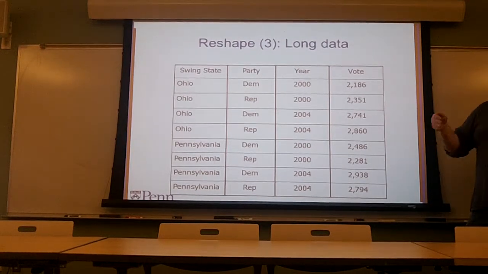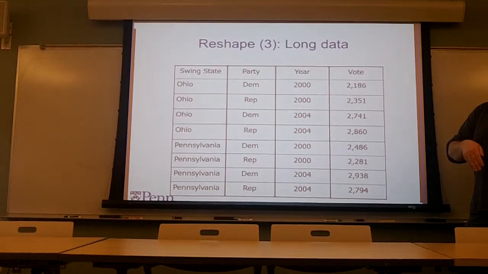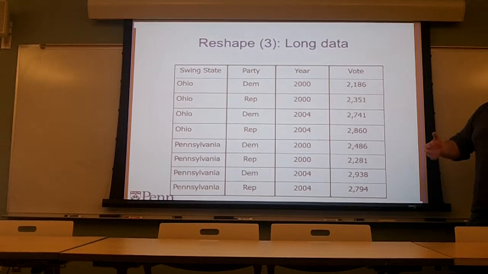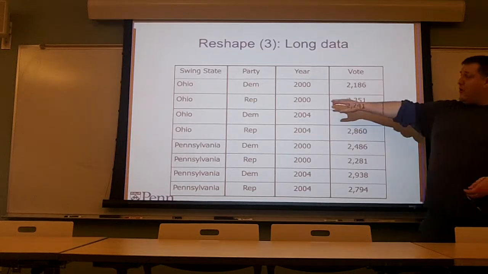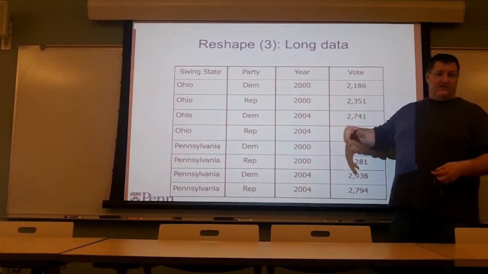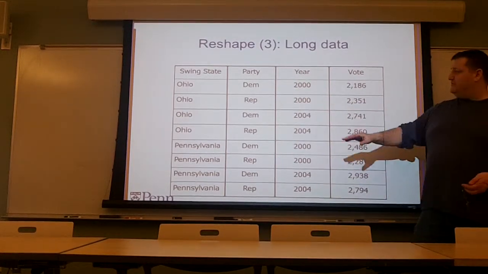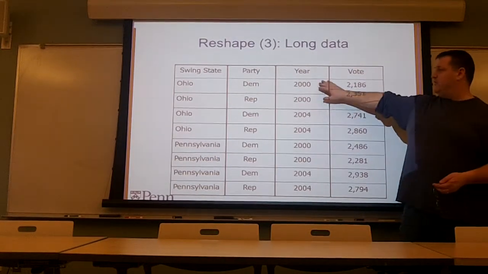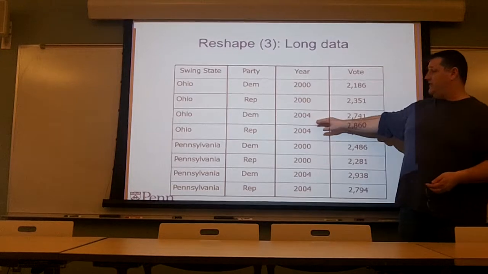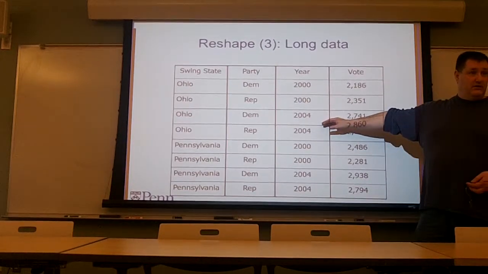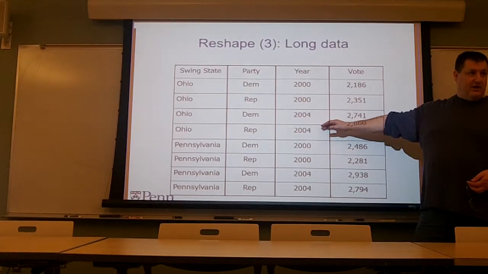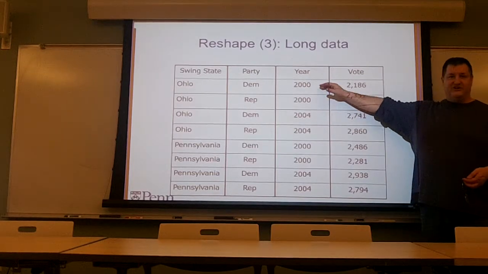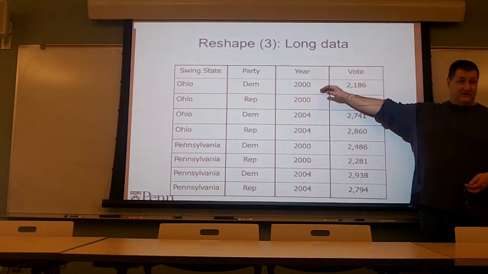So to tie this back in with regression, for example, the reason that we talk about long versus wide is, if I'm in Ohio, do you think the voting patterns in Ohio from 2000 should be correlated or related to the voting patterns for the Democrats in Ohio in 2004? Probably. So are these observations independent of each other?